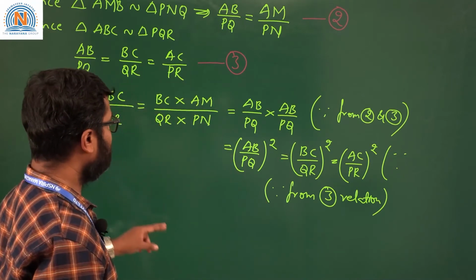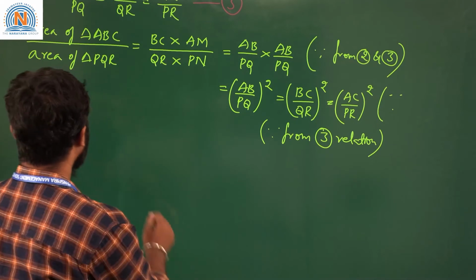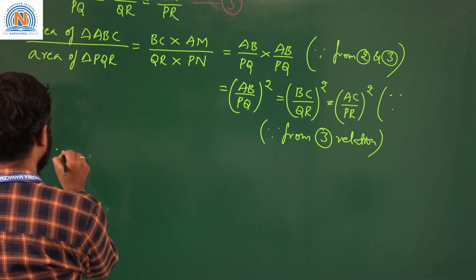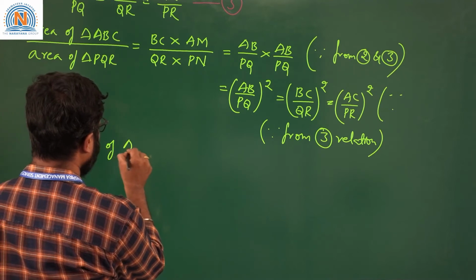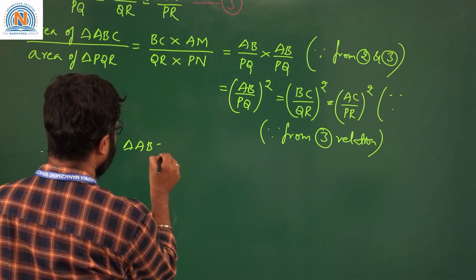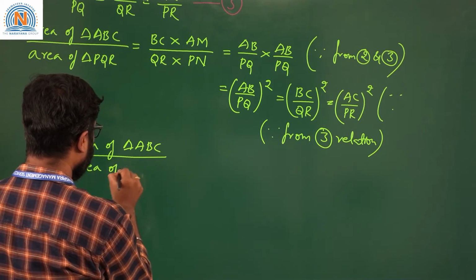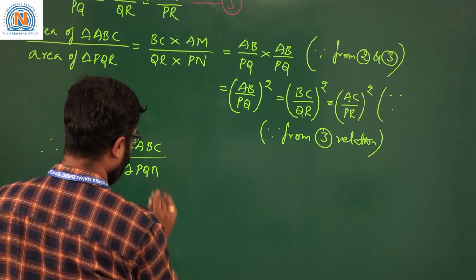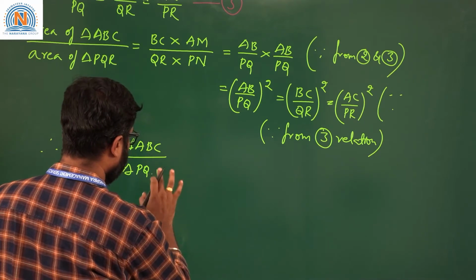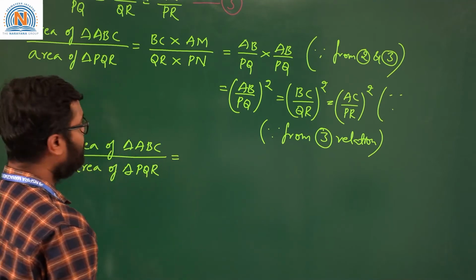Now see children here. So hence, therefore, what can we write here, children? Area of triangle ABC by area of triangle PQR is equal to what, children?